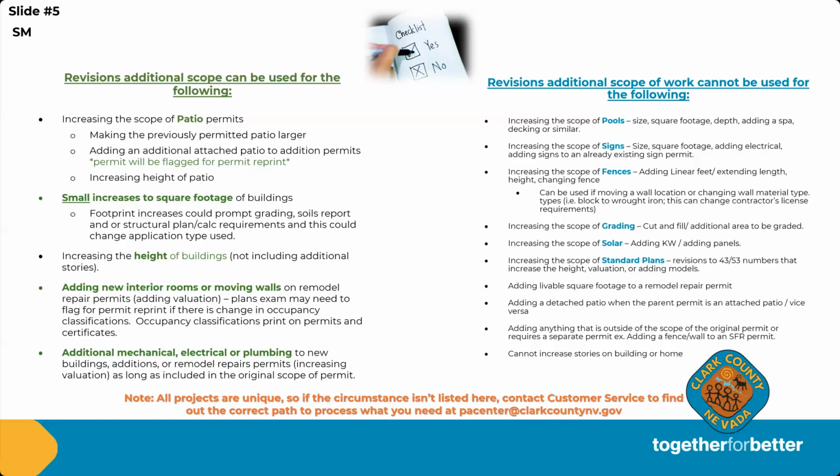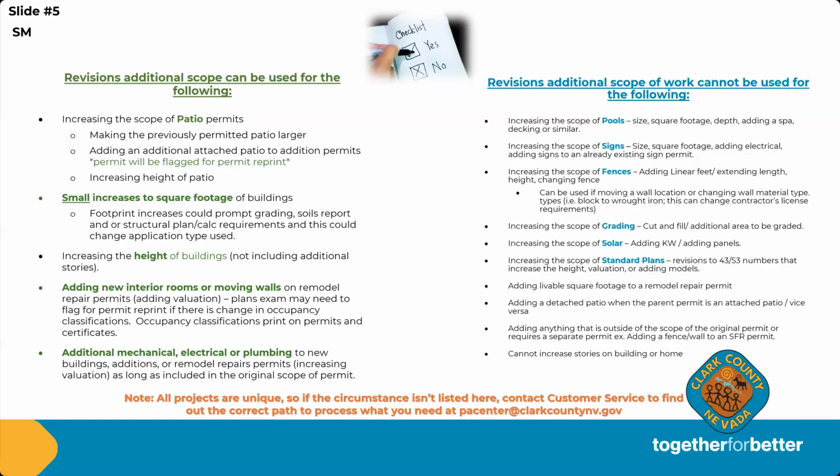Or even if you have some additional mechanical or electrical or plumbing to the building permit with sub permits, or if it's a standalone, say you have a building and it had 5 roof mounted AC units, but you're going to add 2 more, we can accommodate that through a revision additional scope as well.